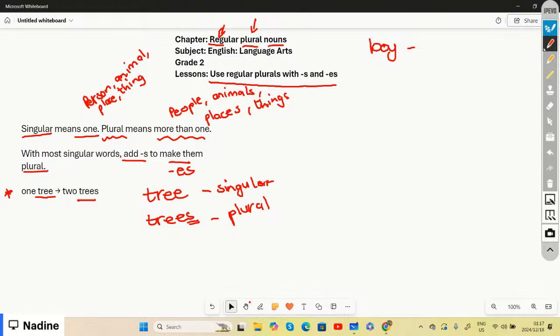So what is the plural form of the word boy? If we have one boy, right? One boy. Then we have two, one boy, but two of them. So how are we going to write that word?